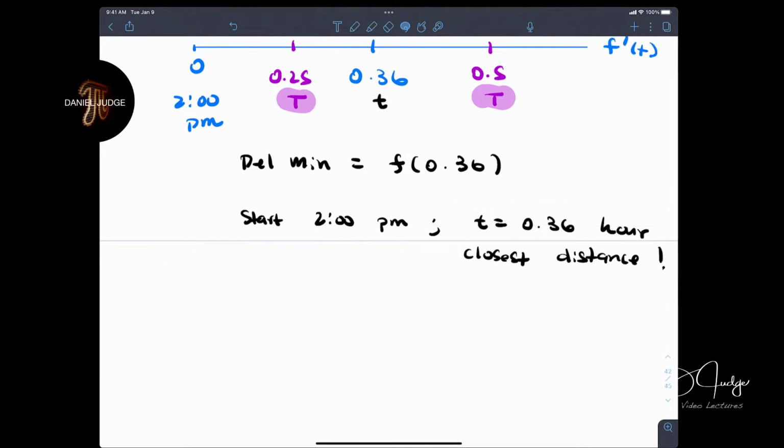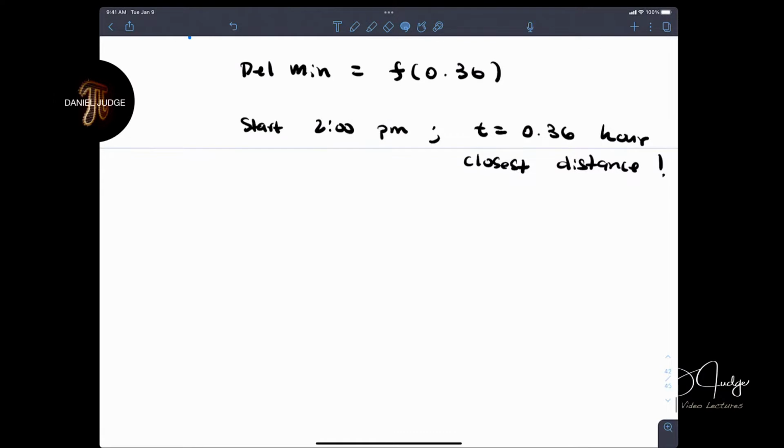But that's not a time value. So we're going to have to convert 0.36 of an hour to minutes. Okay. 0.36 of 1 hour. Convert that to minutes. There's 1 hour for every 60 minutes. So your hour is going to cancel.